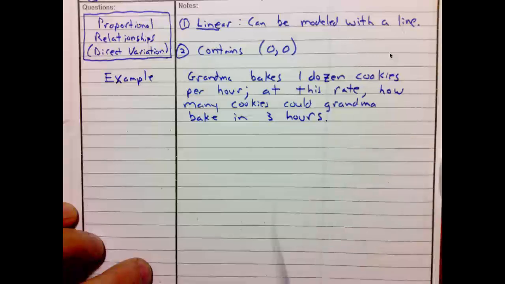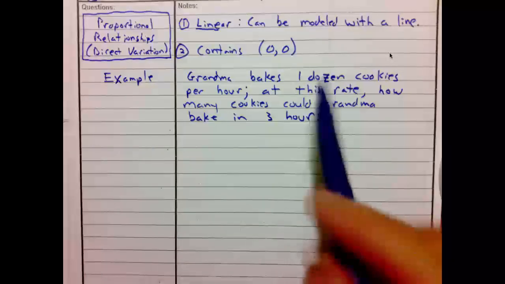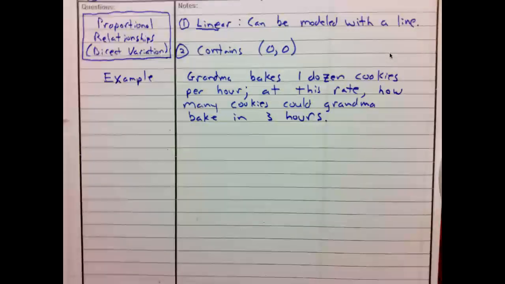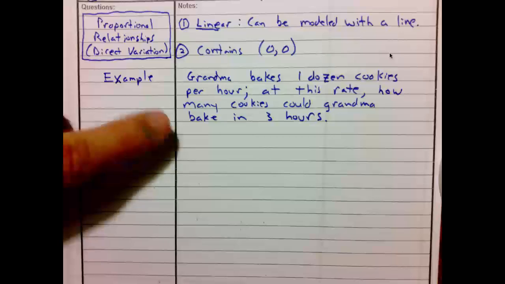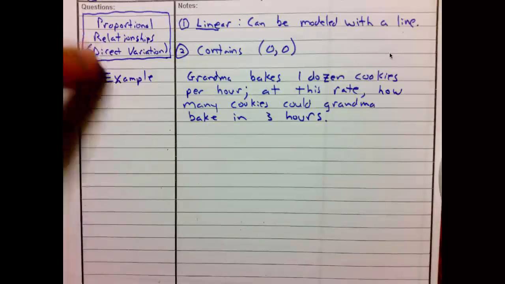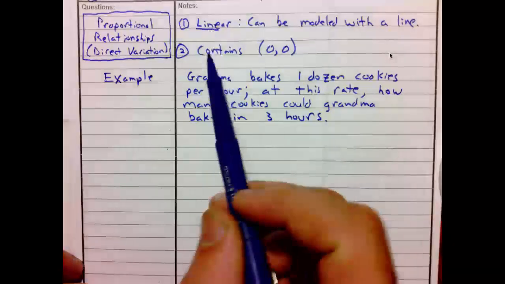Well, hopefully you see you could simply multiply by 3. Or you might consider setting up a proportion. But right now we want to see that this situation is a proportional relationship by examining these two characteristics.